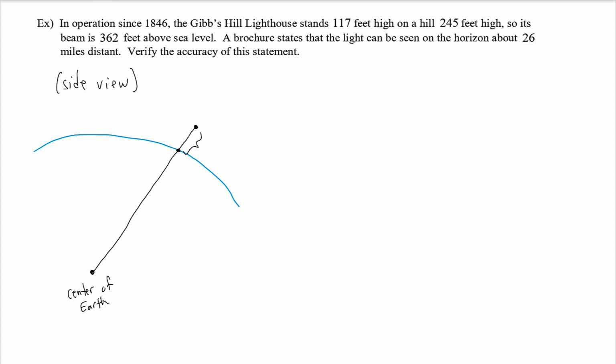So in miles, that would be 362 over 5280 miles. Now, I want miles because from the center of the Earth to the Earth's crust, that's the radius of the Earth. That's going to be in miles, which I need to look up. So that's 3,960 miles.